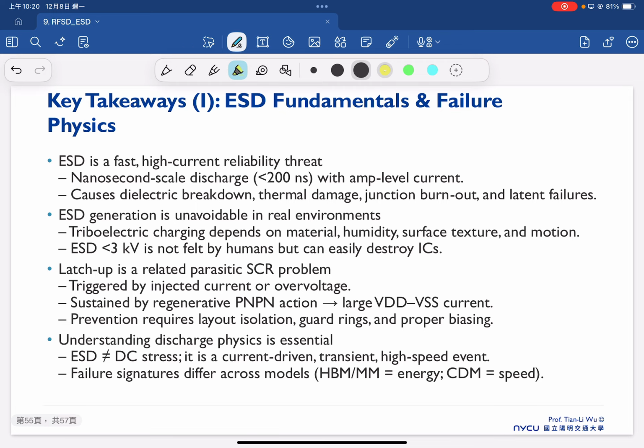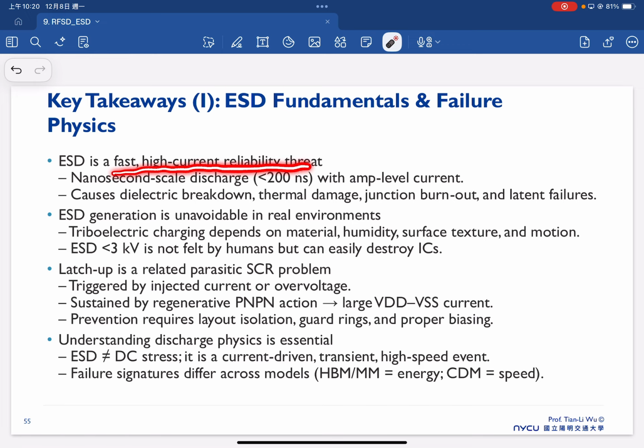Okay, so finally, here is the summary for the ESD issues. In this lecture we talked about ESD, which is a fast, high-current reliability threat, sometimes happening within 200 nanoseconds, but with several amps or even higher current.